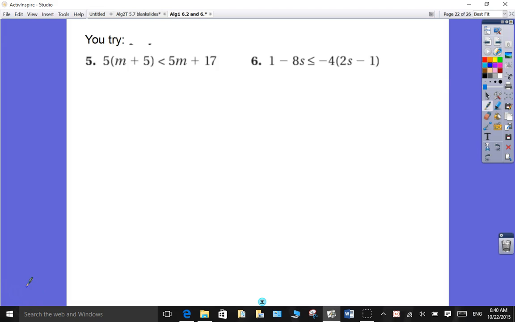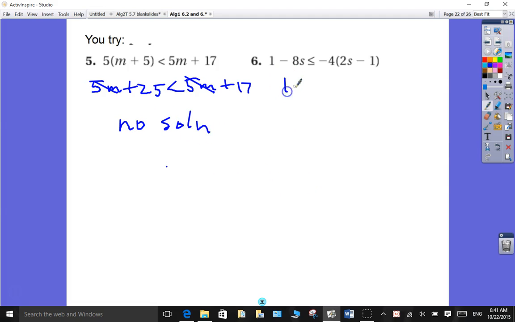Which one was no solution? The first one was no solution. And the second one was all real numbers. If you just do a little bit of simplifying, 5m plus 25 is less than 5m plus 17. So when I cancel the 5m's, 25 is less than 17? No solution.